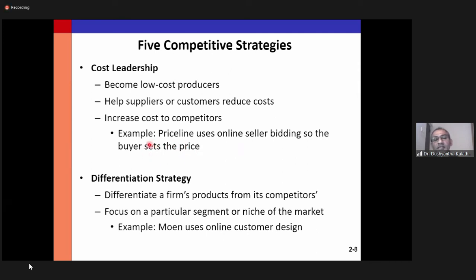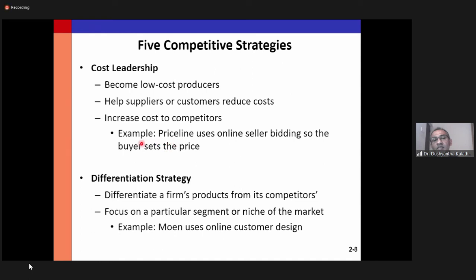Priceline mainly sells air tickets, and also they facilitate booking of hotels. I think those are the two main businesses they are in, and you can go and see their website. Here they give an option for the buyer to specify a price.